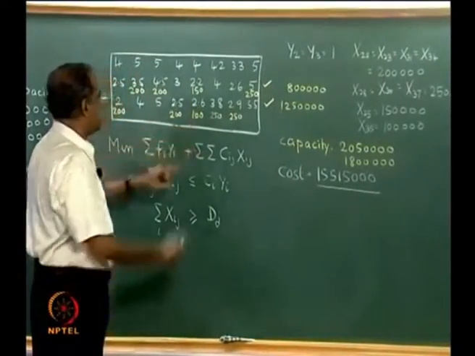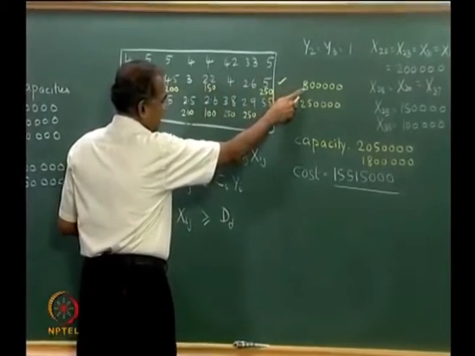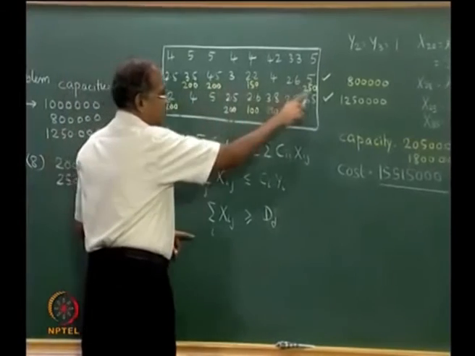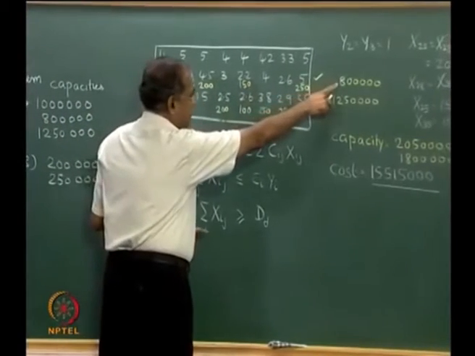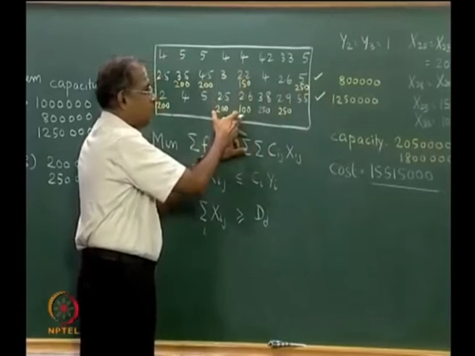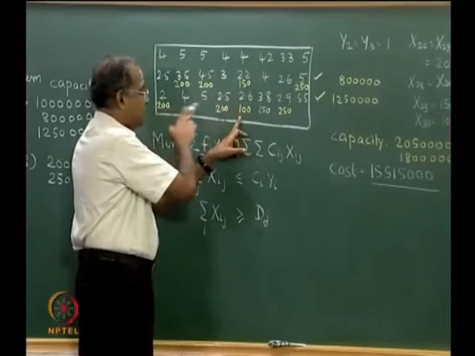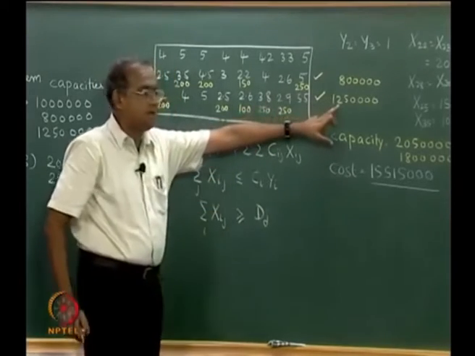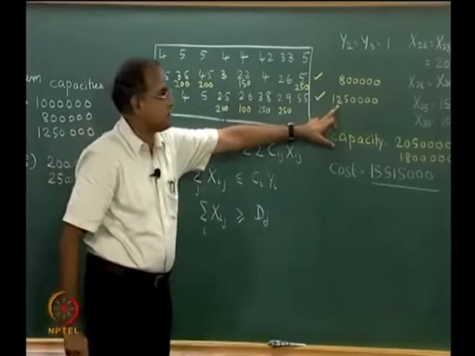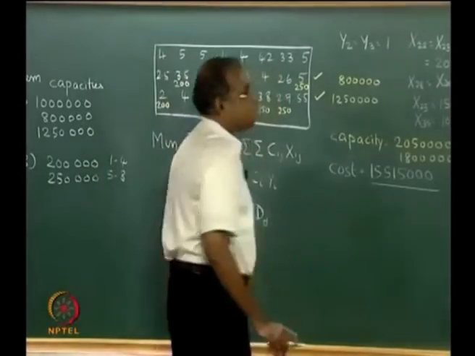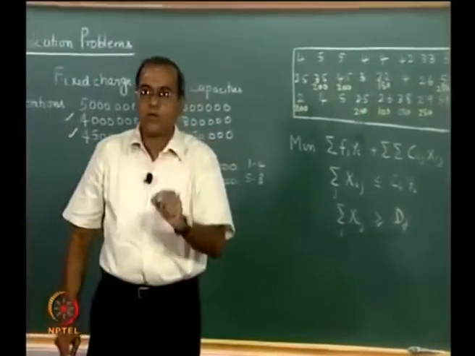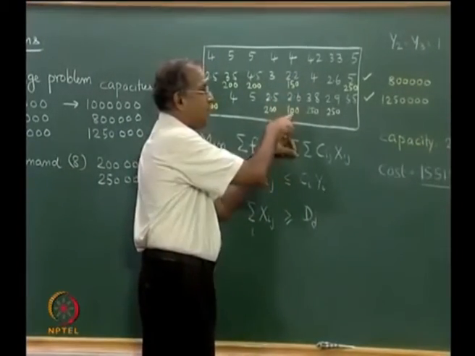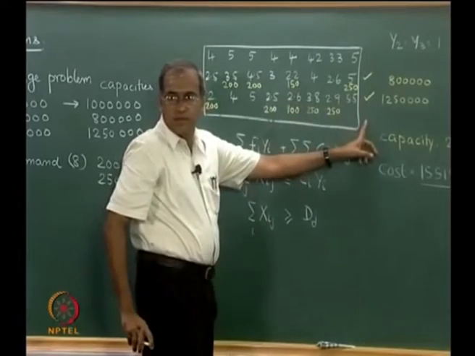So, this will have enough capacity to meet, this 800,000 will be spent as 200 plus 200 plus 250, about 150 will not be used here, this entire 150 will move here to get 200, 200, 250, 250 and 250, it would still be within the 1250000. So, the solution there will be still x35 equal to 1, which means all the demand of 5 will be entirely met from supply 3.